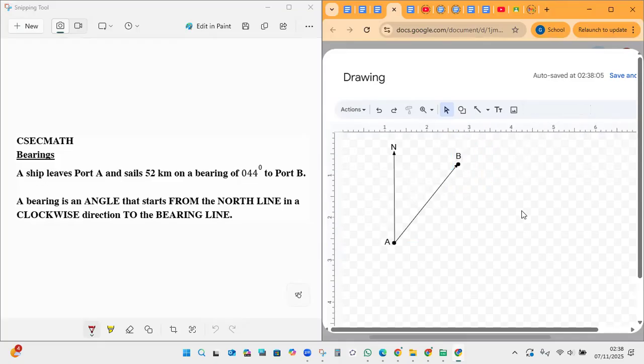And when we see an angle, this angle now is in the clockwise direction.